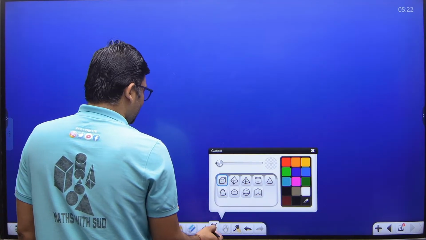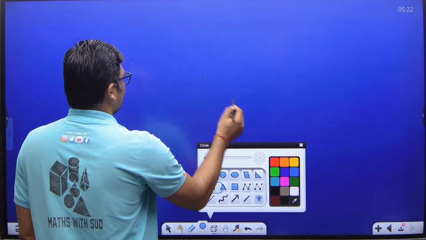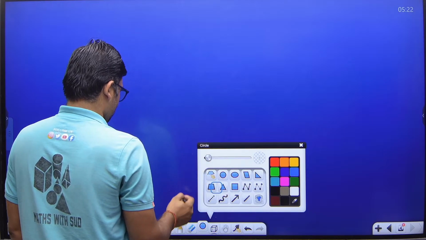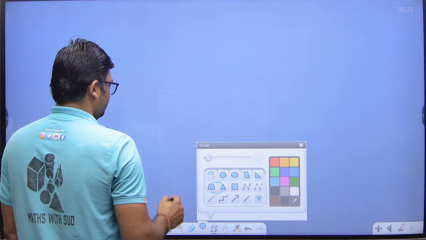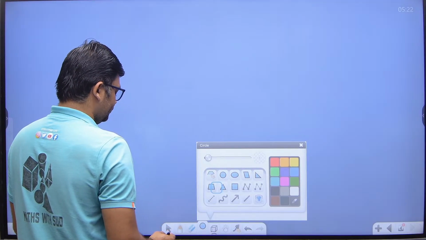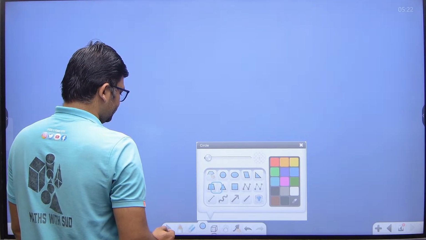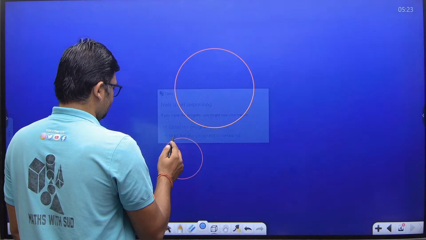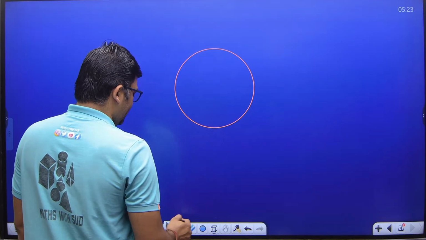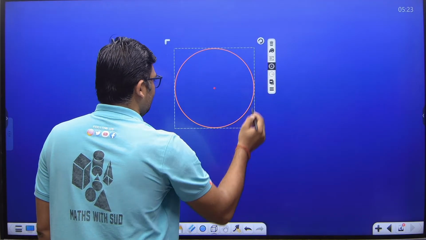Then you might have a shape known as a circle.